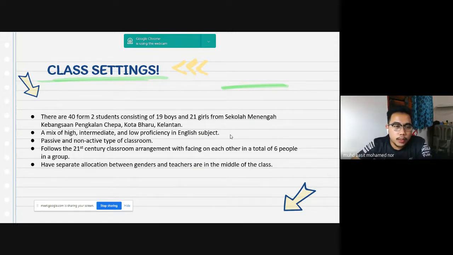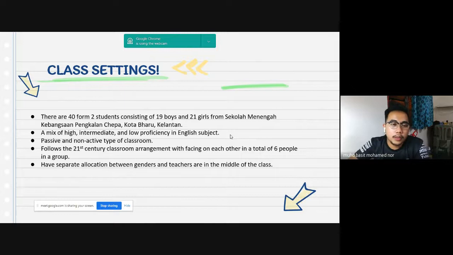Why I propose the separate allocation between genders is that, in my opinion, if in class we have boys and girls, they may be very shy to ask when they are in a communication type of classroom. When they are shy, the communication or the learning process is going to be restricted.